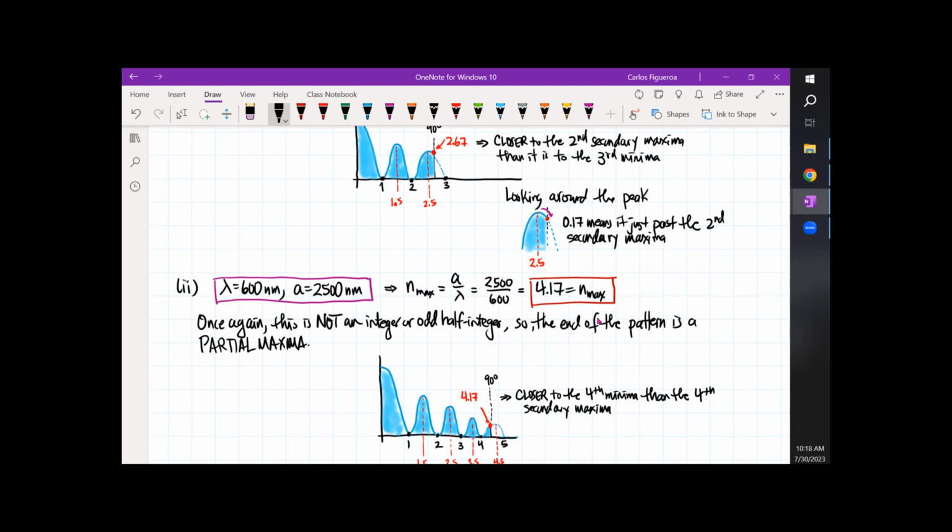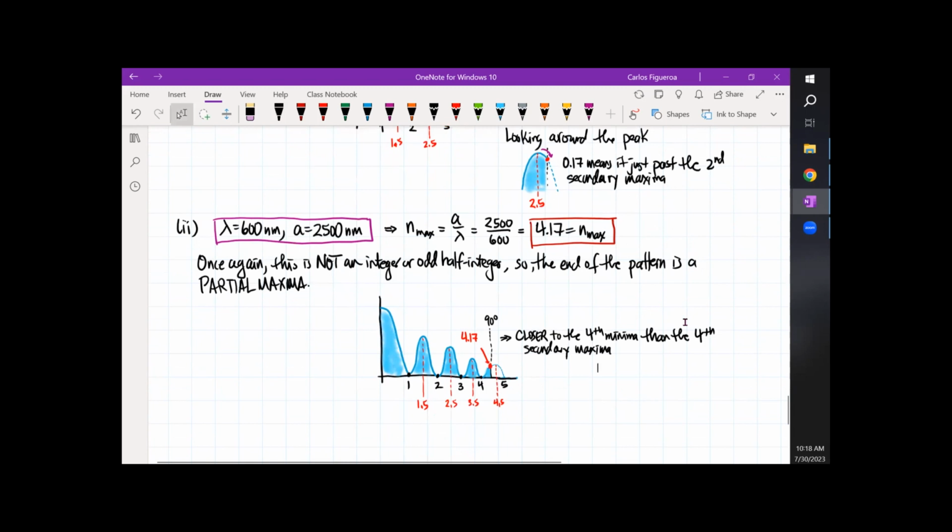Again, that's telling us our location. Now if we look at what's actually happening, our peak looks like this. It goes like this, and then I keep going up like this.